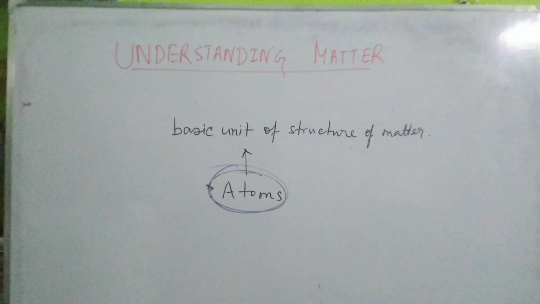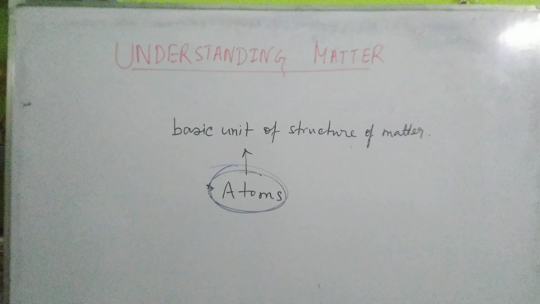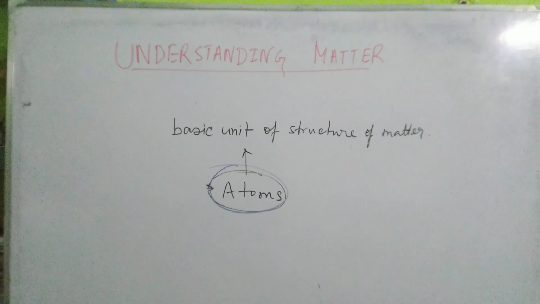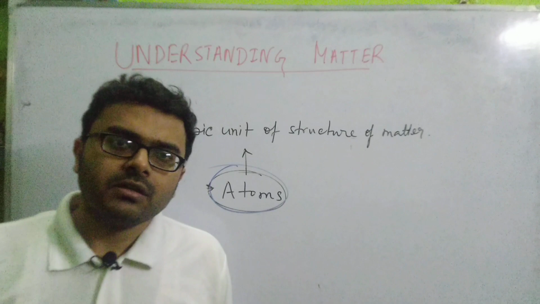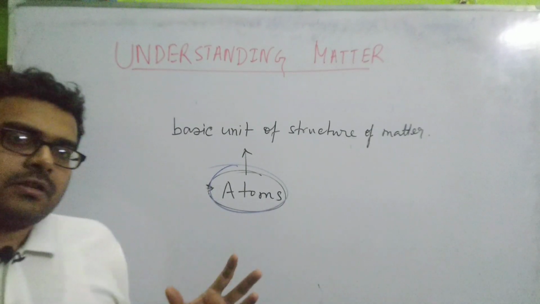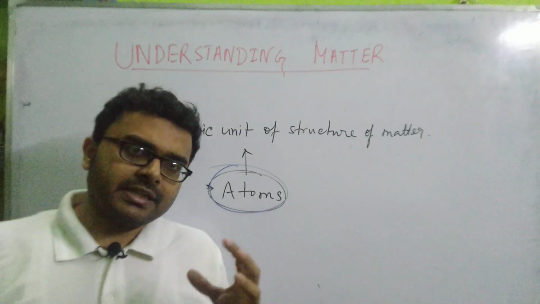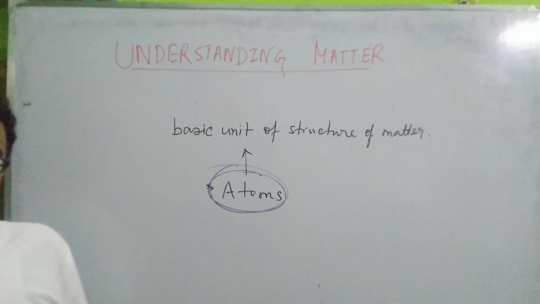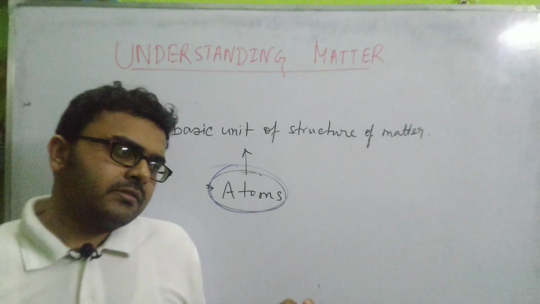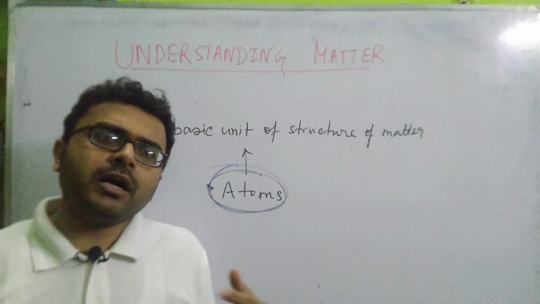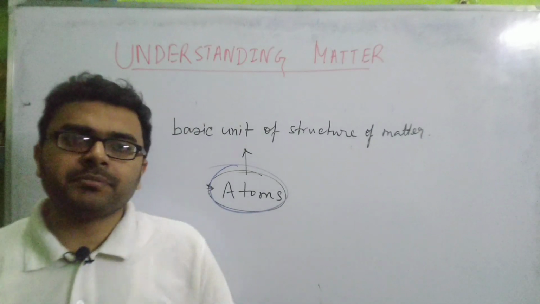Now if you go to the definition, it is said that an atom is anything which may or may not exist independently, but it always takes part in a chemical reaction, and it can be regarded as the smallest part of matter which is actually taking part in the reaction.